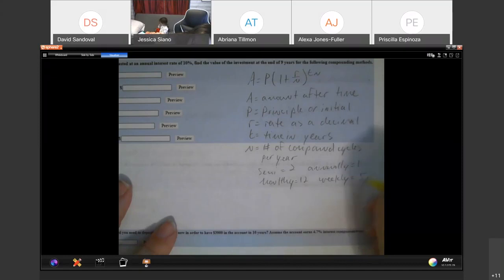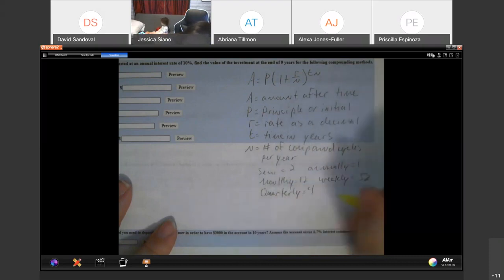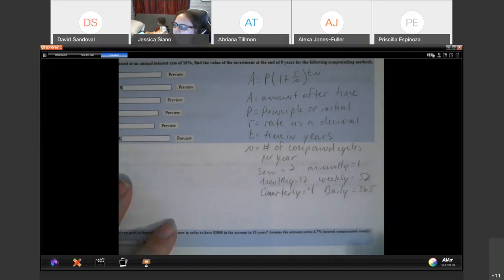Weekly would be 52. If you see quarterly, that would be 4. And daily would be 365.